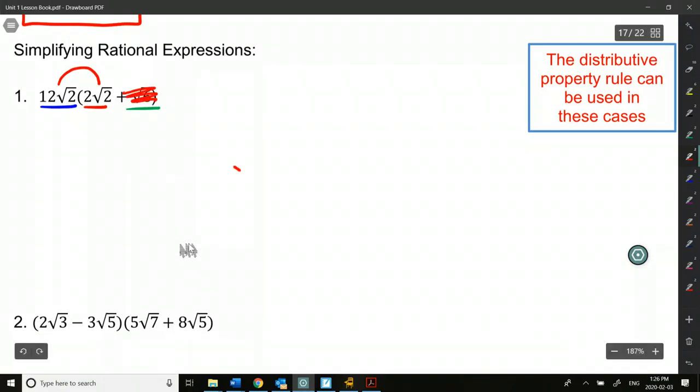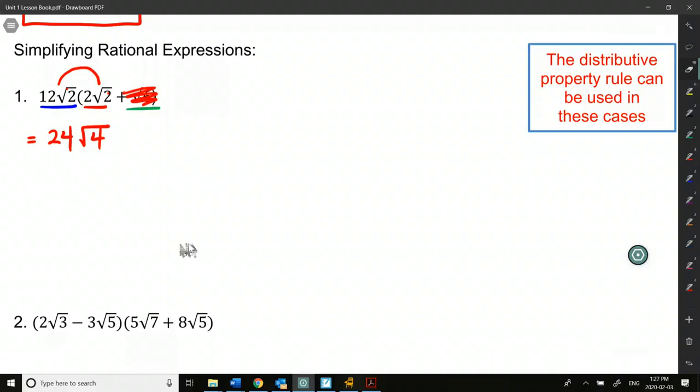Ignore this for a second. So 12 times 2 is 24, and root 2 times root 2 is root 4. So you multiply the numbers in front together, multiply the roots together.